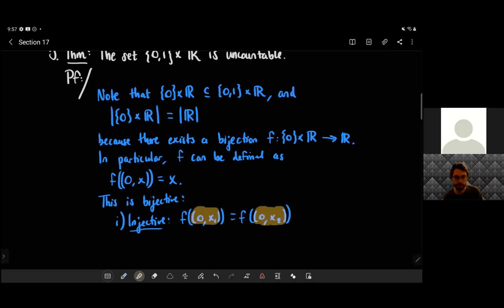So in this case, an ordered pair starting with 0. Well, if those are equal, what does that mean? Let me just plug this into the formula here. F just spits out the second component, the second number. Right, so this is x1, this is x2, they're equal. Bam, you got injectivity.